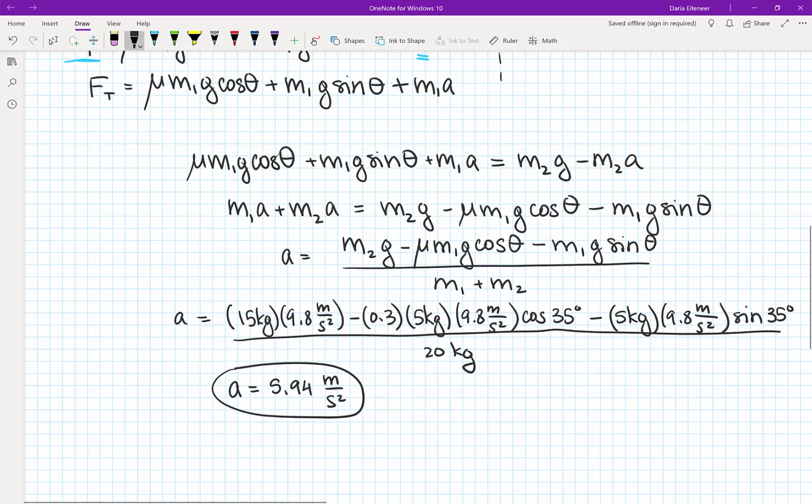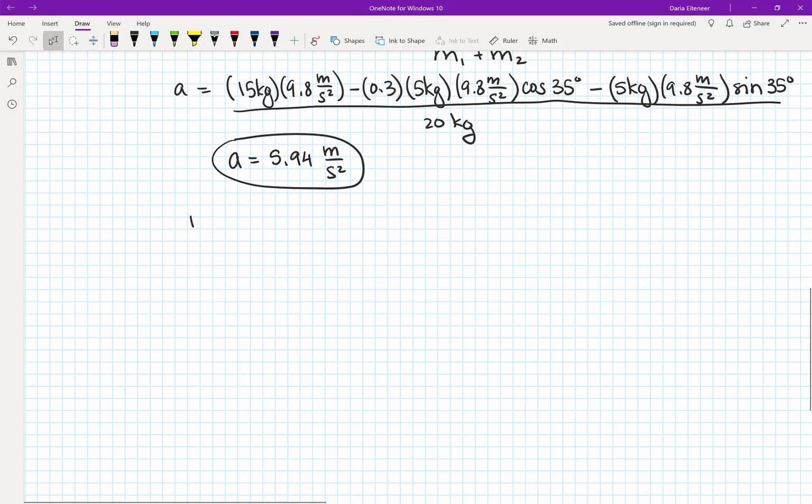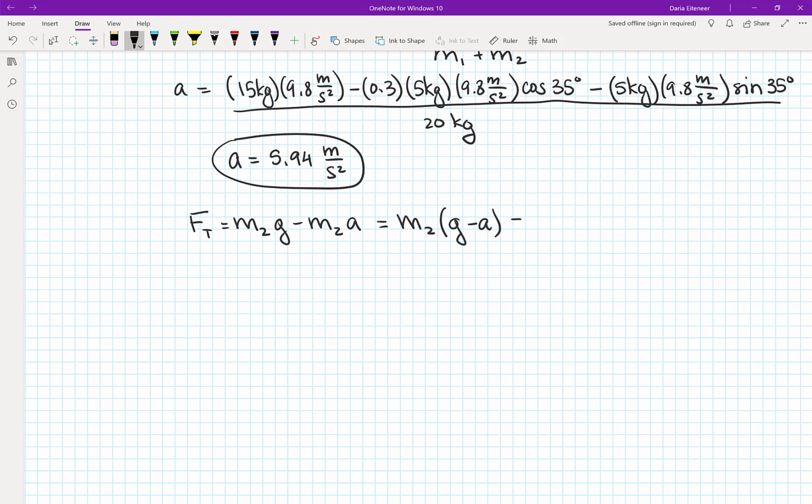From there, remember the force of tension is the same, so you can pick either one of those expressions for the force of tension. I'm going to use the second one because it's obviously easier. So Ft was m2g minus m2a. I can even factor out m2. And then I'm going to plug everything in.